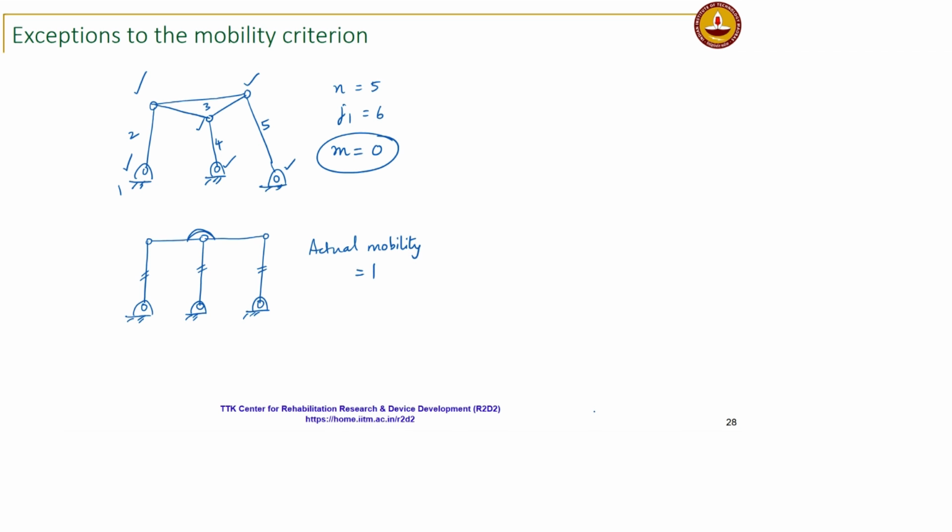A mechanism of a mobility of 1 is possible only because of the special geometry of this mechanism, because all the links are equal. Okay. So, if there are special geometry considerations, you will find that sometimes the mobility criterion will not apply.